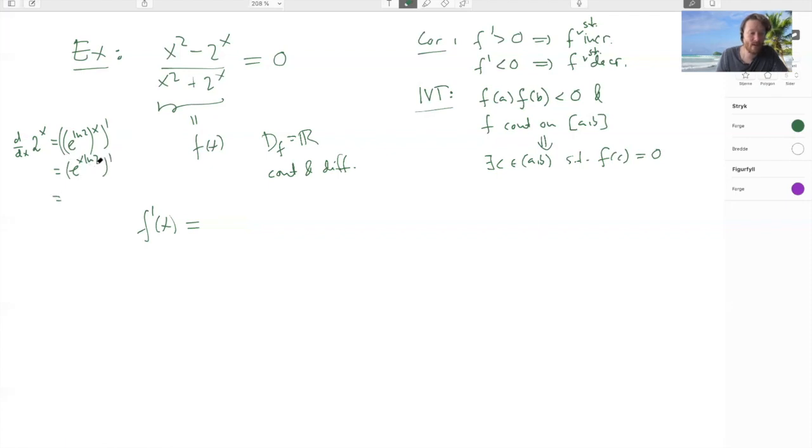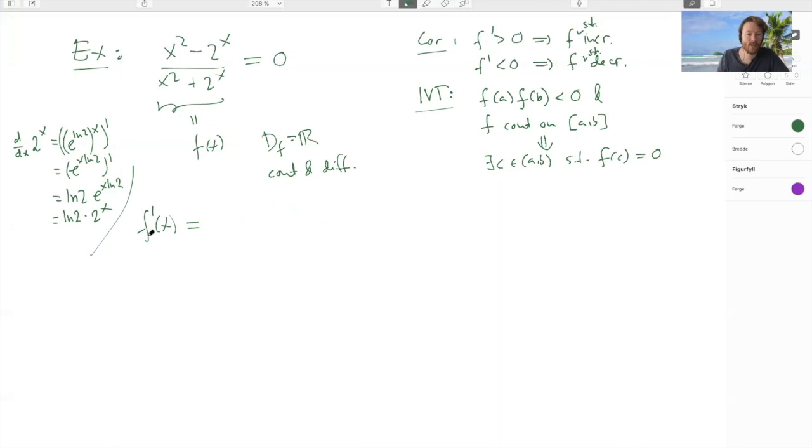The inner derivative will be the derivative of this thing with respect to x, that's ln 2. And the outer derivative is the derivative of e to the whatever with respect to whatever, and that gives me just e to the whatever. So the exponential function does not change under differentiation. So, and then 2 to the x.